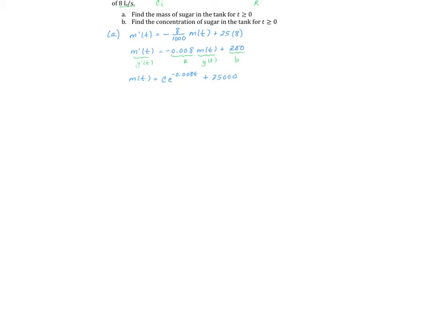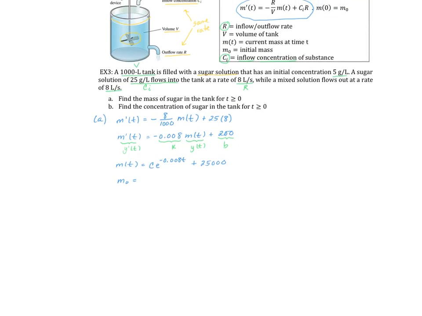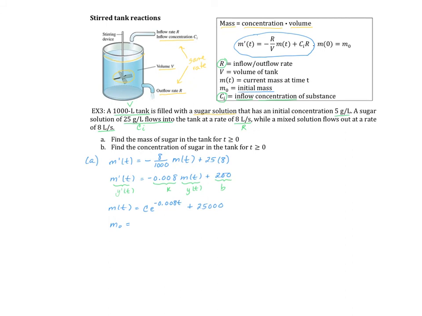So now all I have to do is use our initial condition, which is the initial mass. Well, how do we figure out initial mass? Going all the way up to the top, mass is concentration times volume.